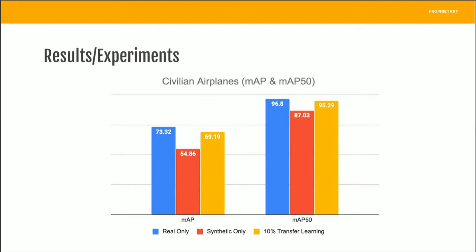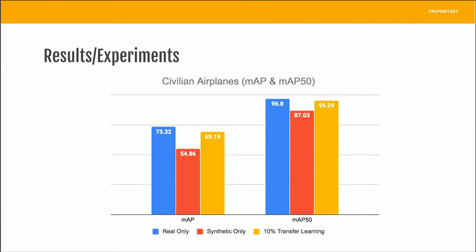The second takeaway, and I think it's very interesting, is using 10% of the real data to fine-tune a model that has been trained on synthetic data only. By training this model on synthetic data and giving it only a small subset of real data, we are hoping to improve the performances significantly. And that's what we've been observing.